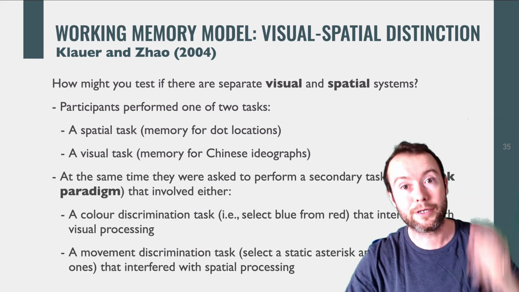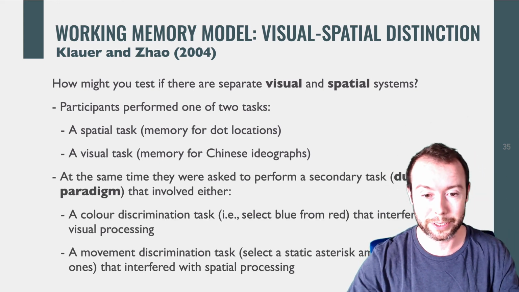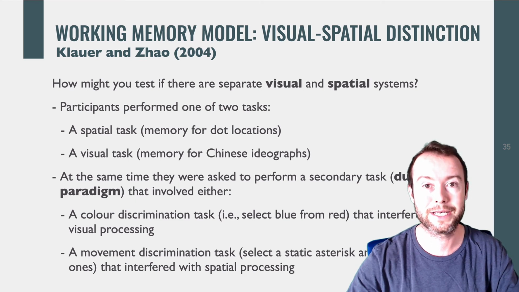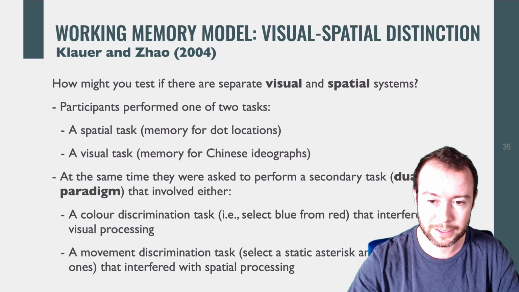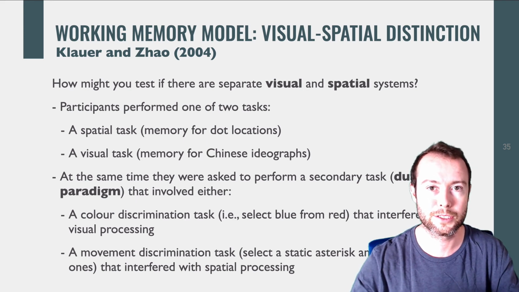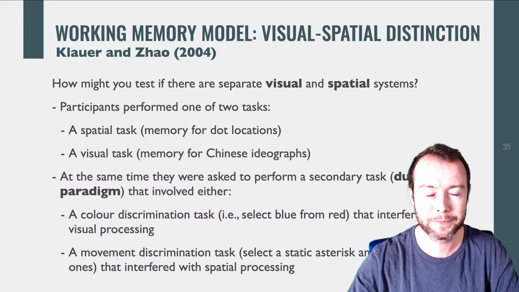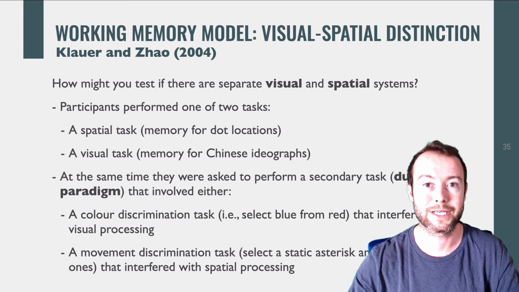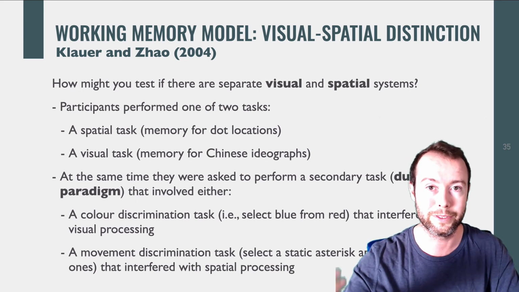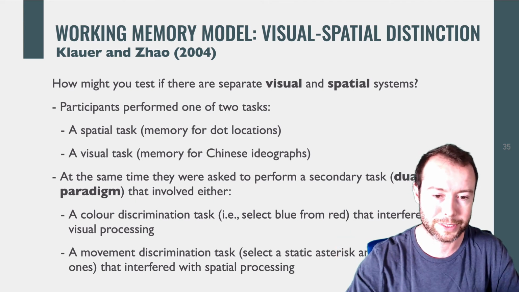Now, in the retention period, essentially at the same time as they were asked to do this, they're asked to perform a secondary task. Again, this is using a dual task paradigm that involved one of 2 different processes that is going to interfere with either spatial or visual processing.